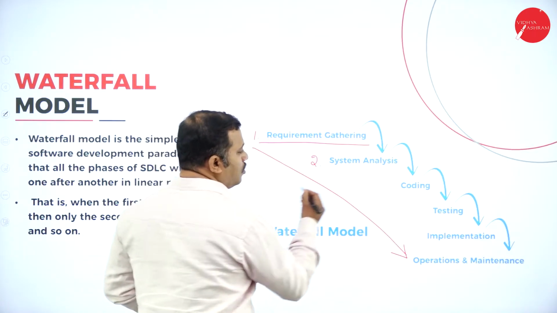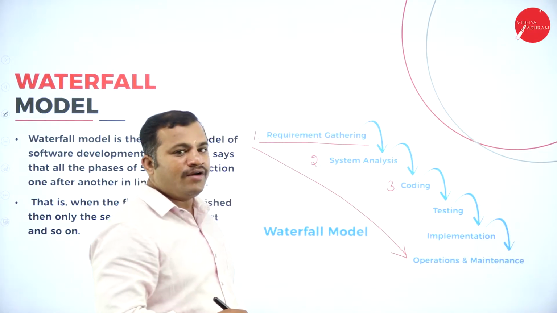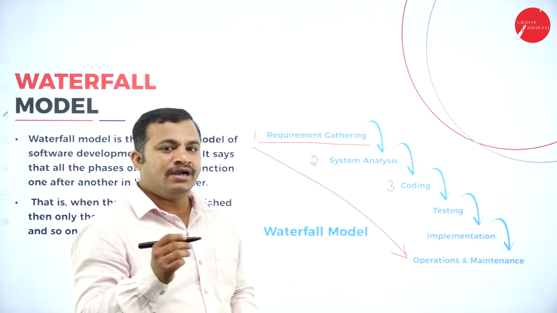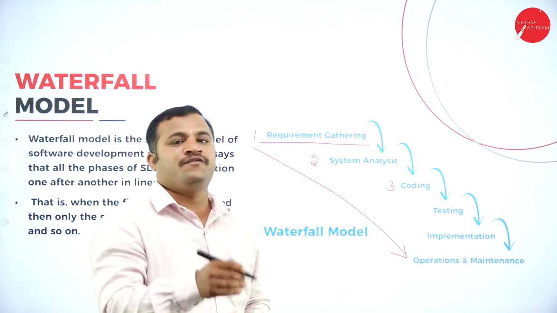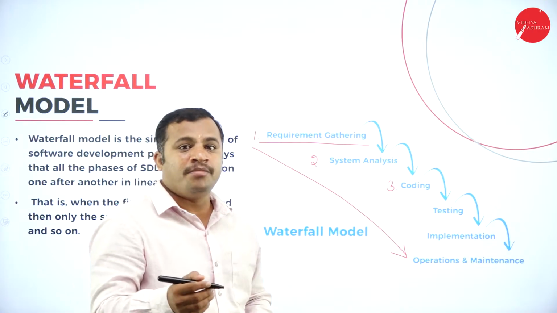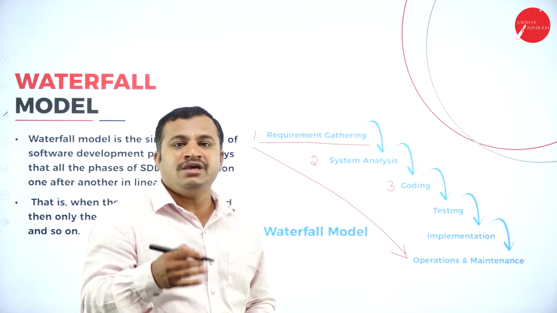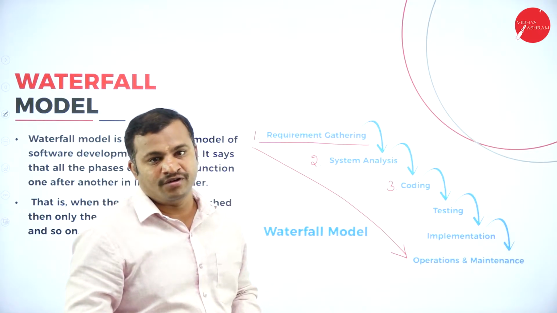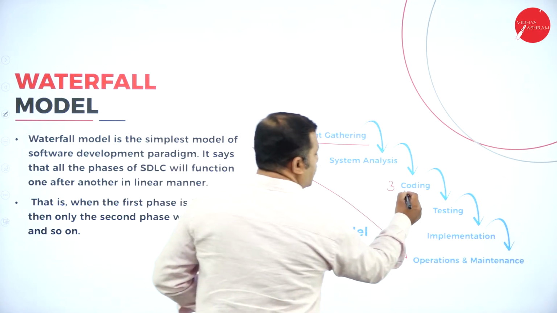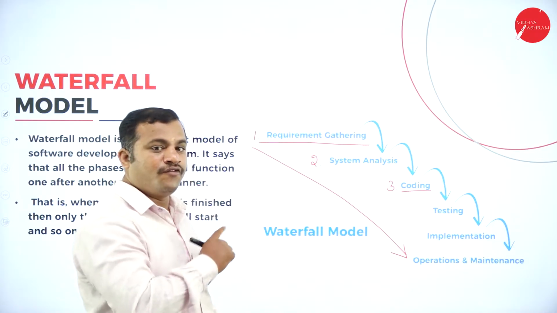Then the third phase, the coding part, is very important here. That is the implementation of this software product, carried out in the technology which we have or which we are aware of. The coding is carried out in the third phase of the waterfall model.